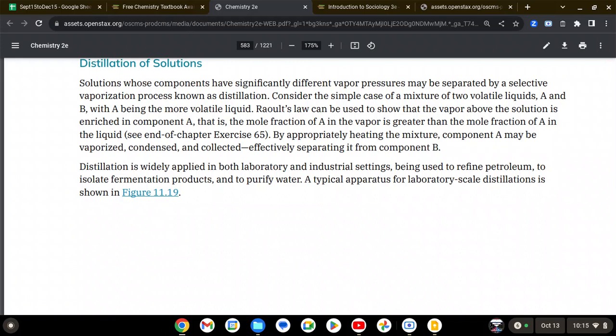By appropriately heating the mixture, component A may be vaporized, condensed, and collected, effectively separating it from component B. Distillation is widely applied in both laboratory and industrial settings, being used to refine petroleum, to isolate fermentation products, and to purify water. A typical apparatus for laboratory-scale distillations is shown in Figure 11.19.